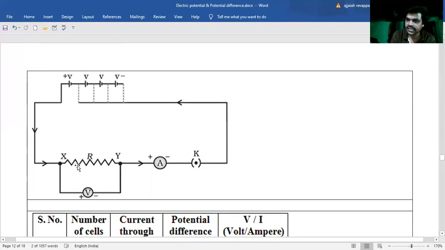Because in this experiment, our intention is to study the relationship between potential difference and current. So we are going to measure current through this nichrome wire using ammeter, and also the potential difference across the ends of the nichrome wire.